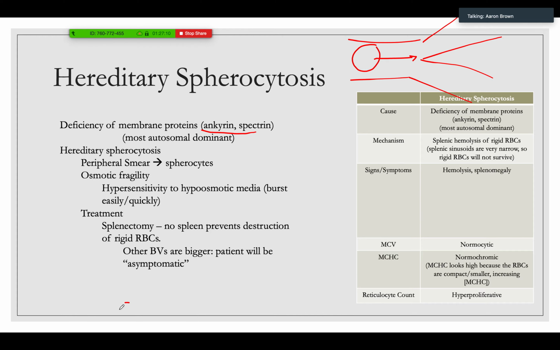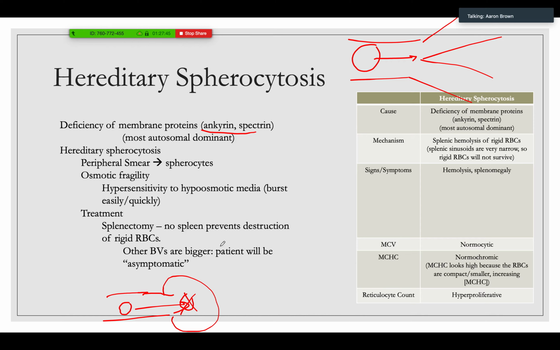Number two is when that very circular red blood cell gets to the spleen, the spleen is going to look at it and say, whoa, whoa, whoa, this is not a normal looking red blood cell. It's going to get destroyed in the spleen as well. So you're going to see both intravascular and extravascular hemolysis. You're going to have a swollen spleen, and you're going to have LDH and decreased haptoglobin and all those sorts of things. Okay.